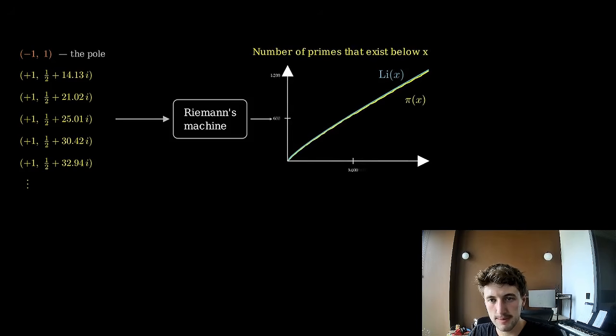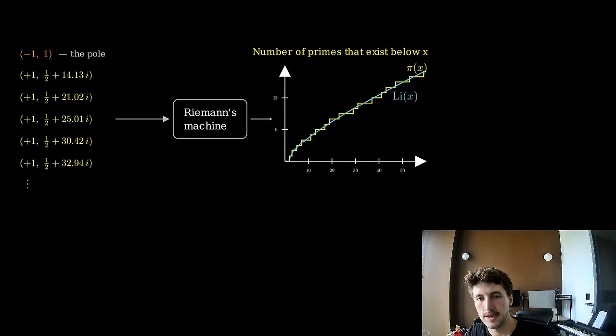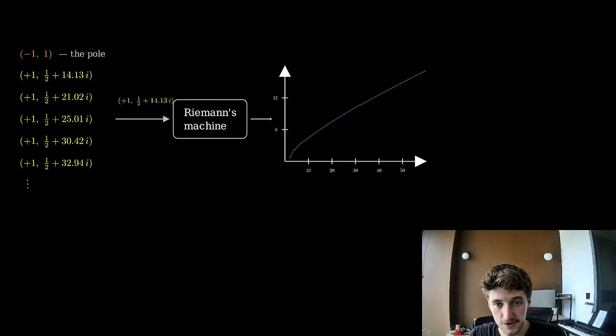So remember, if we zoom in, you might understand it a bit better. Remember, we had the pi(x), which showed the staircase of where the primes were, and the Li(x) was the approximation of that. So what Riemann did was he managed to create a machine that converted the pole into the Li(x) function, and then that same machine would convert the zeros into waves along this sort of function line.